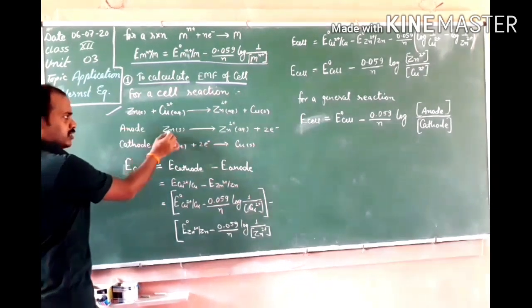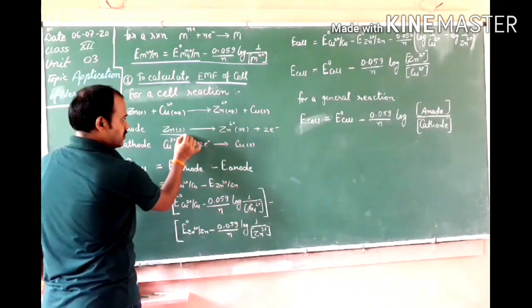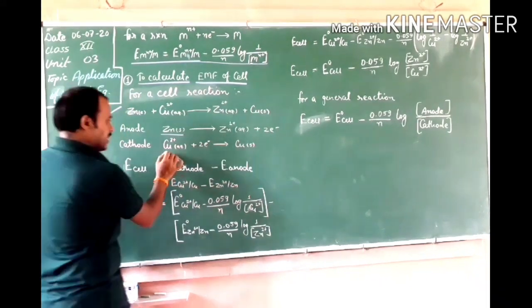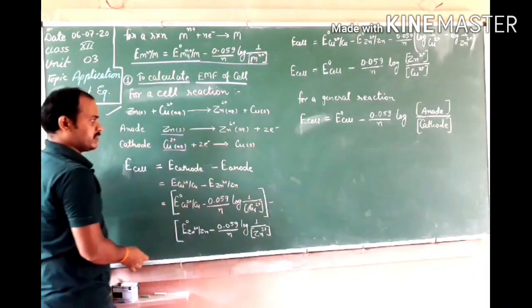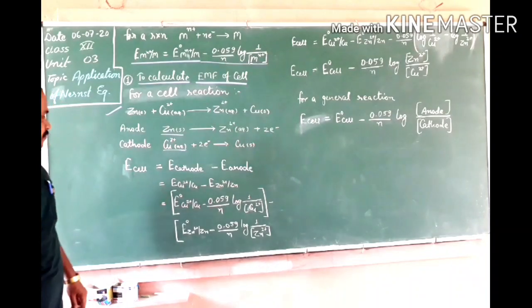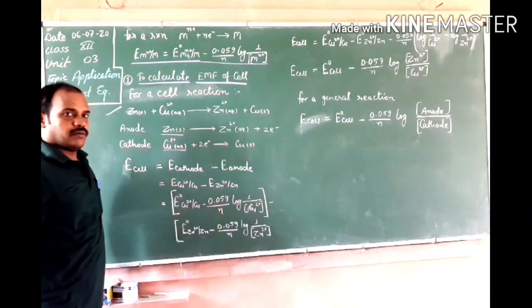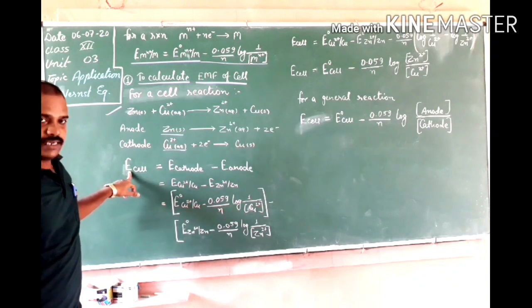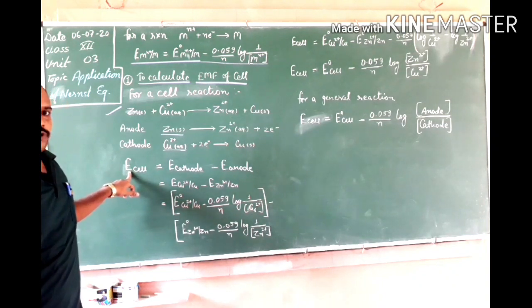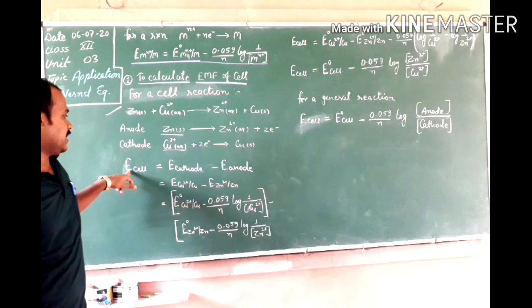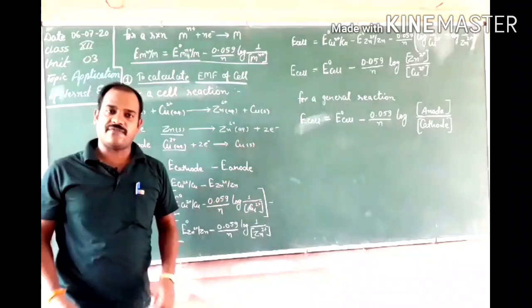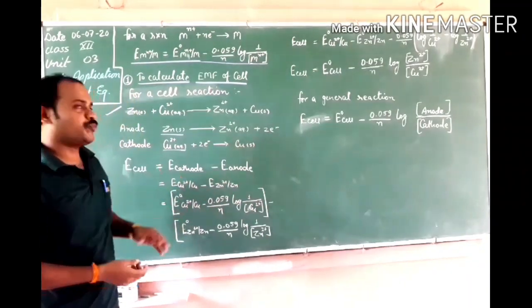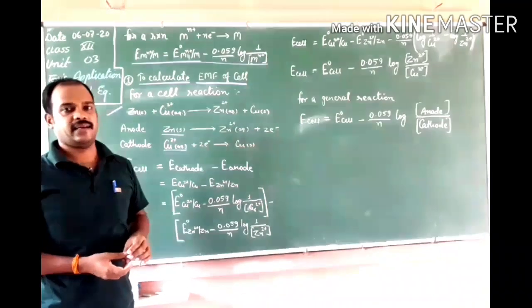At anode, oxidation is taking place like this, and at cathode reaction is taking place like this. The EMF of the cell, or electromotive force of the cell, is equal to the difference of electrode potential of cathode and anode.